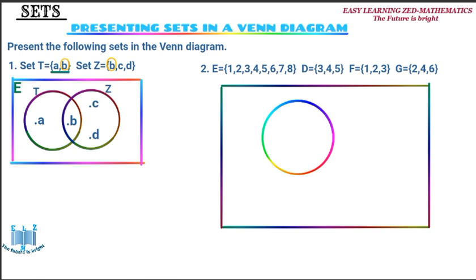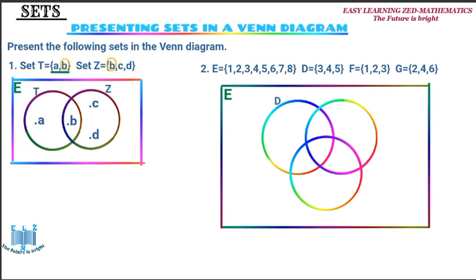Now it's time to name the sets. I'll start with the universal set. Then I'm going to name the first circle set D, then set F, and set G down here. Now the next thing I'm going to do is start identifying.